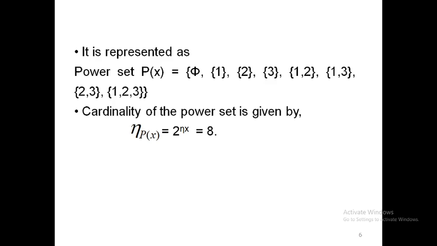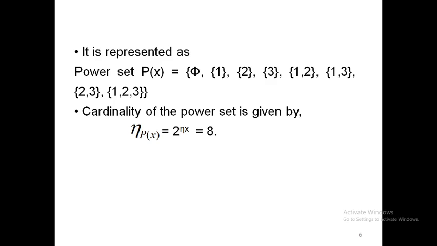All the possible events include the null set, the sets with only 1, only 2, only 3, and the combinations {1,2}, {1,3}, {2,3}, and {1,2,3} also. So this is called the power set. All possible events of the universe of discourse is nothing but the power set. P of X is equal to all possible events of the three elements.